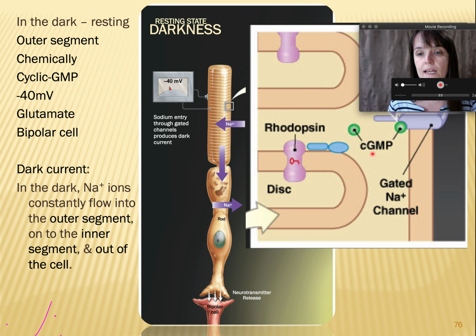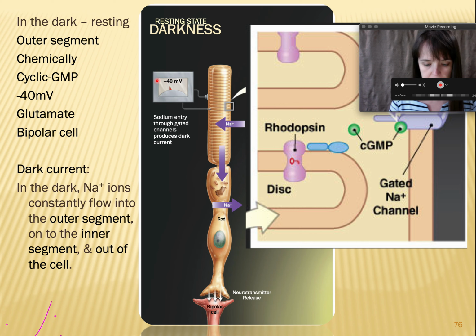So G instead of A. Cyclic GMP holds that gated sodium ion channel open. The constant flow of incoming sodium ions keeps the transmembrane potential around negative 40 millivolts. Lowercase m, capital V, Volta was the dude's name.